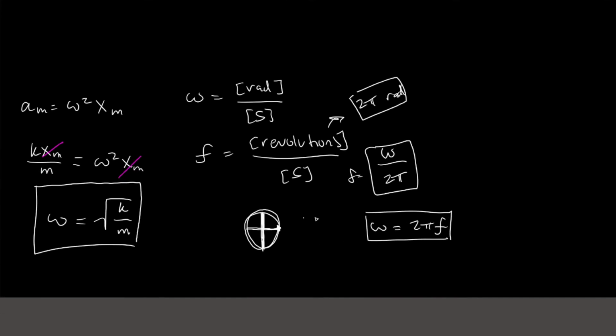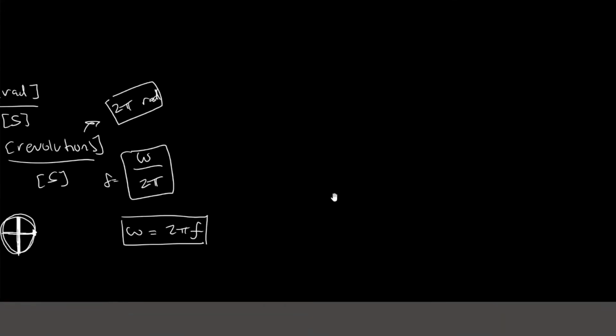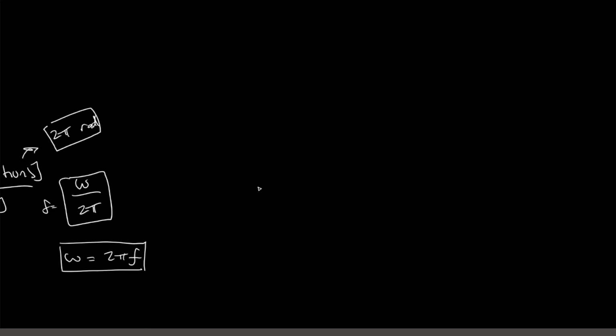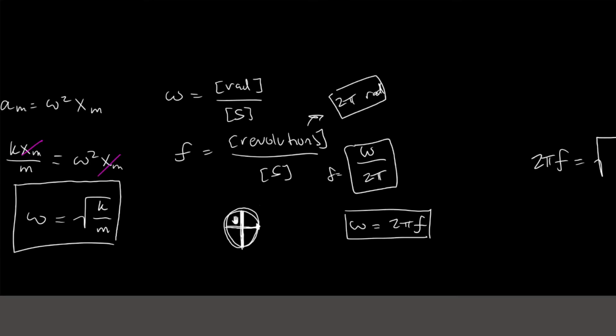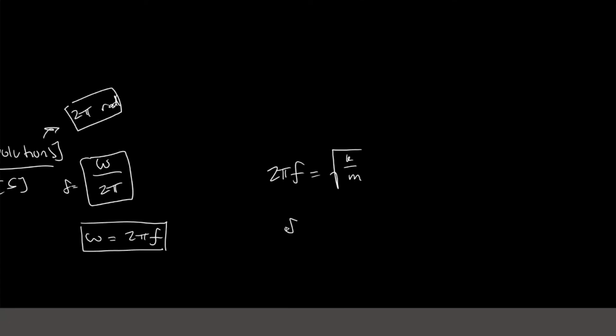Now we can take these two equations, come up here, and we get 2 pi f equals square root of k over m, or frequency equals 1 over 2 pi times the square root of k over m.